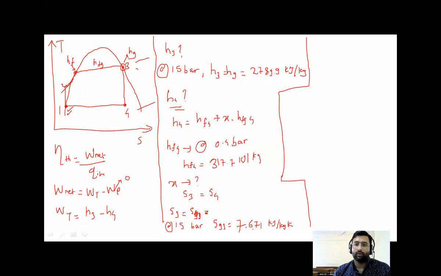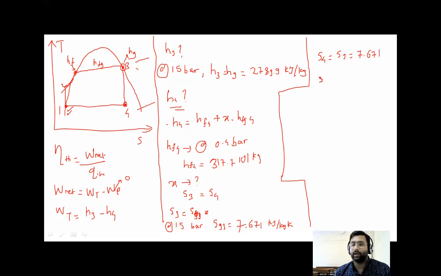Correct. So now S4 will be equal to S3, which will be equal to 7.671. Now you know the entropy at point number 4.